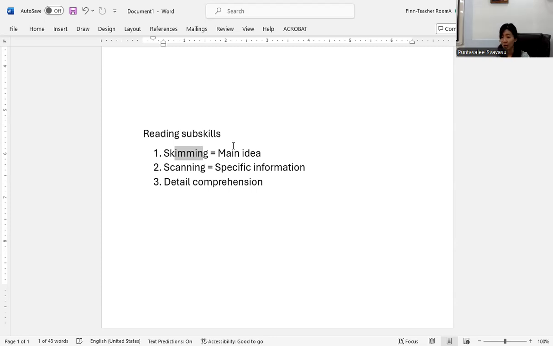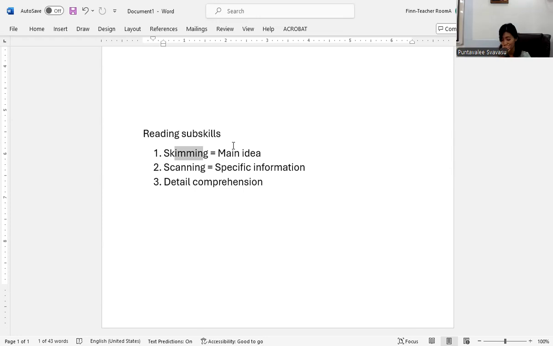And the last one is detailed comprehension. Comprehension means understanding, so the third one means you understand it in detail. Sometimes you skim and then answer from your memory, especially when your English is really good and you have background knowledge of the topic.